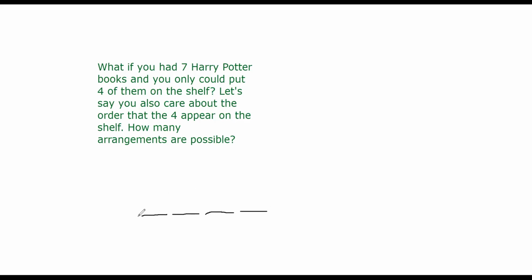But the number of things that can go in space 1 is not 4, it's 7. It's going to be 7 because there's 7 things I can put on that first shelf. Then, once I've picked something to go in the first position, there's 6 books that can go on the next shelf, 5 that can go on the next shelf, and 4 that can go on the last position on the shelf.